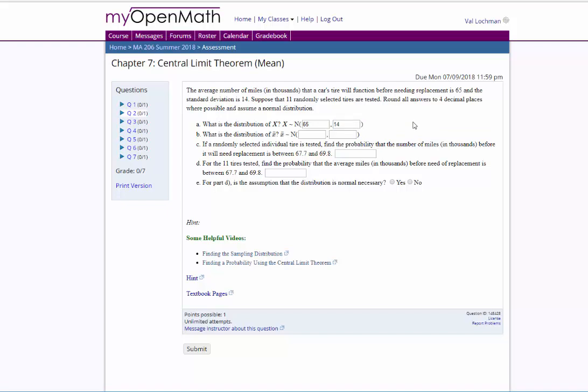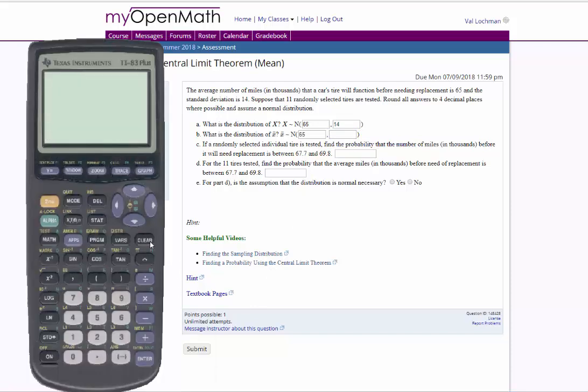All right, what is the next question? The next question is, what is the distribution of x bar? Now this is x bar, which means it's not the same thing, right? This is sampling mean. Now, the central limit theorem says that if we have a population that's normal, then the sample size does not need to be 30 or bigger. This line right here says that we have a population that's normally distributed, so we can do the central limit theorem. The mean is the same, 65, and the standard deviation is the population standard deviation divided by the square root of n.